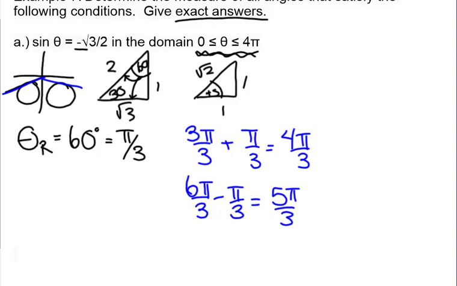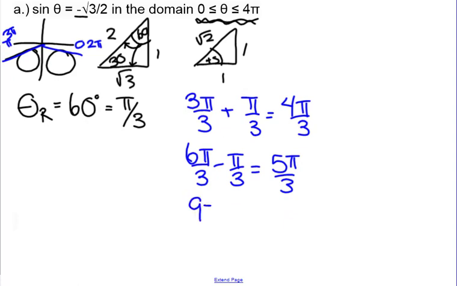If we keep going, we had 0, we had pi, we had 2 pi, and we also have 3 pi over there. 3 pi is 9 pi over 3, and we want to go a pi over 3 more, so 10 pi over 3. Then 3 pi will bring us to 4 pi next.